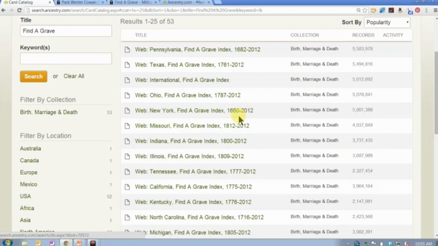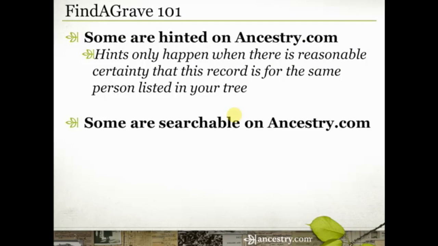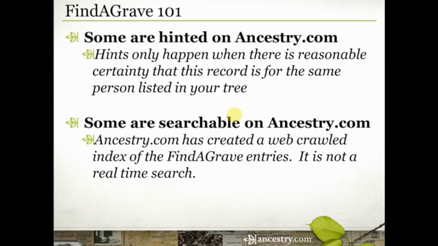We try to give you parameters for what time period is covered by these particular tombstones, but there are just a couple little nuances here you need to be aware of. Remember how I mentioned that Ancestry.com crawls the web and indexes these records on FindAGrave, which means that when you're looking at these searchable records on Ancestry.com from FindAGrave, it's not a real-time search.